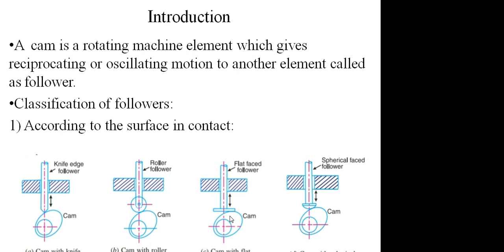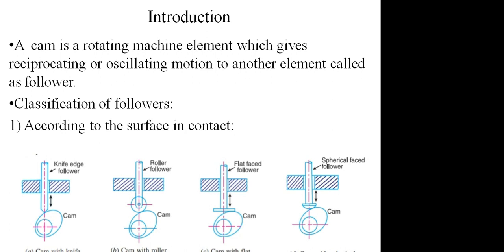To reduce the contact stresses between the flat face and the cam, a particular shape is given to the follower at its end. That shape is called a spherical shape. Because of this spherical faced follower, the contact stresses between cam and follower are reduced. So these are the types of followers under the first category of classification, that is according to the surface in contact.